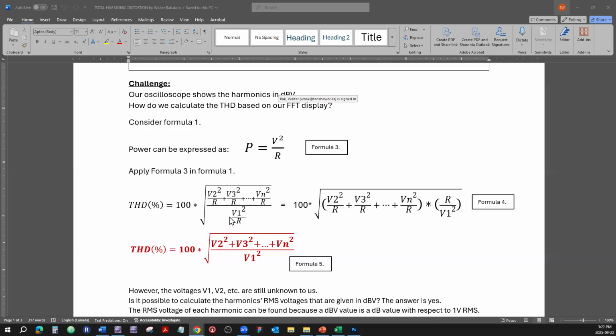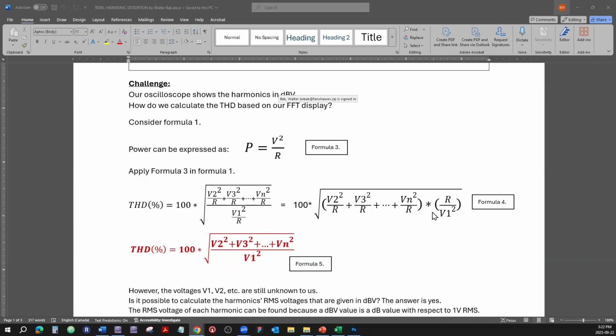Then we divide that by the V squared over R of the fundamental, and it translates into this here. And look, if we take that division line, so dividing by the denominator here, we can multiply it by the inverse denominator.